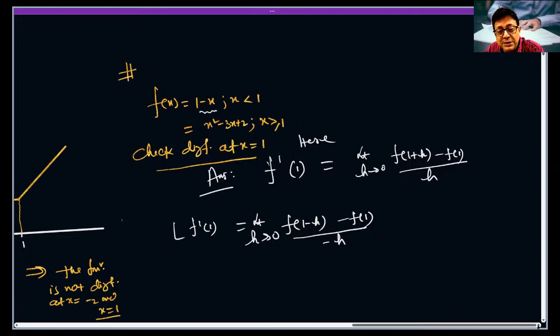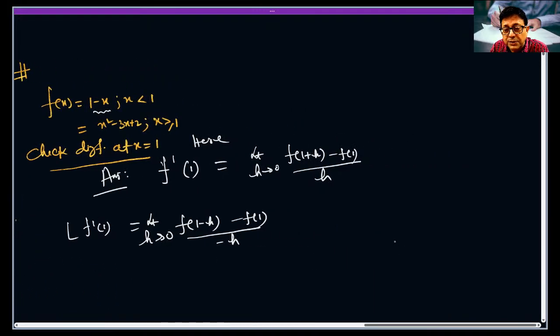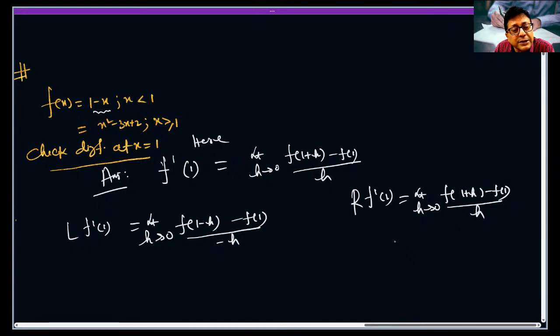In the same manner you can write R f dash 1 will be, this will be plus h only, f of 1 plus h minus f1 by h. When you are going to evaluate the left hand derivative, at 1 minus h it is this part, so I will be taking the function at this part.